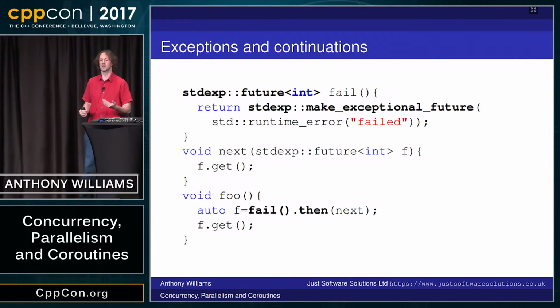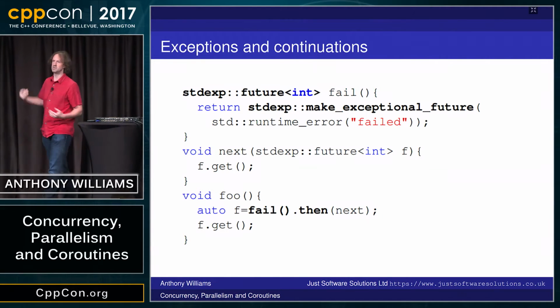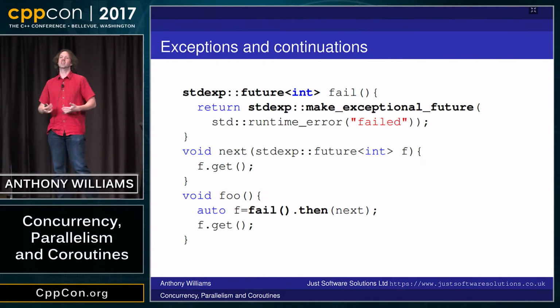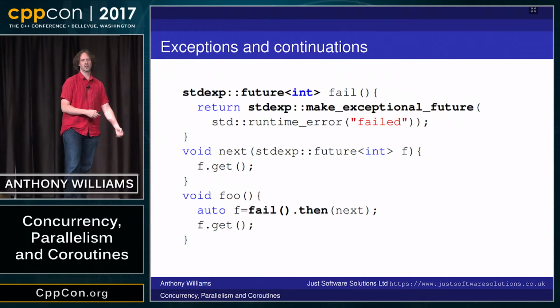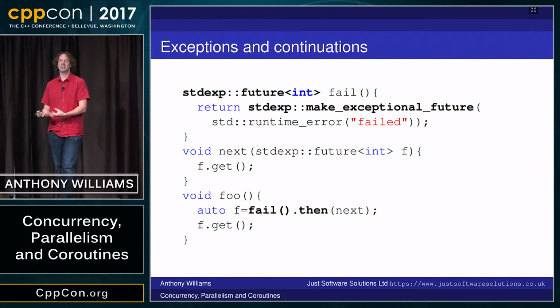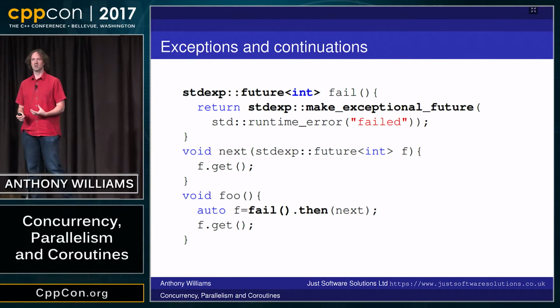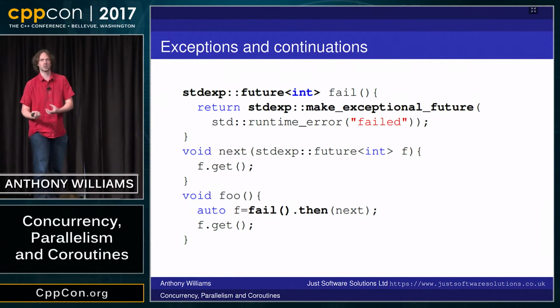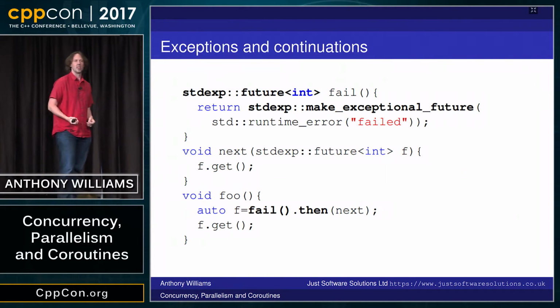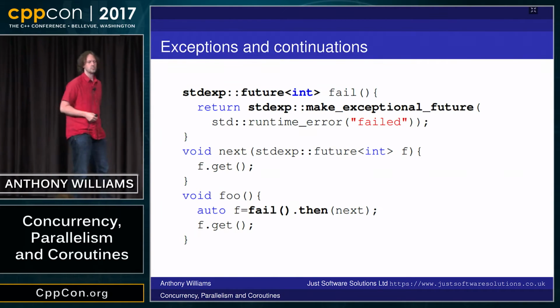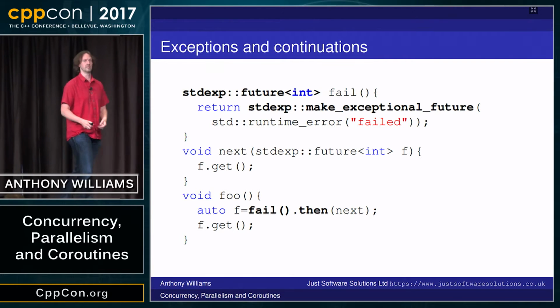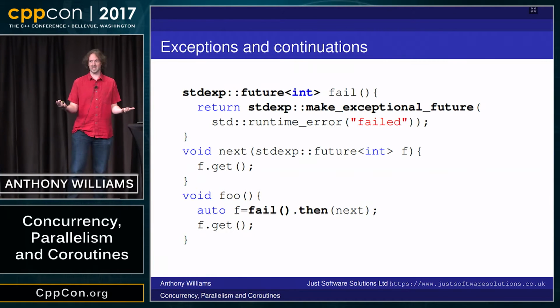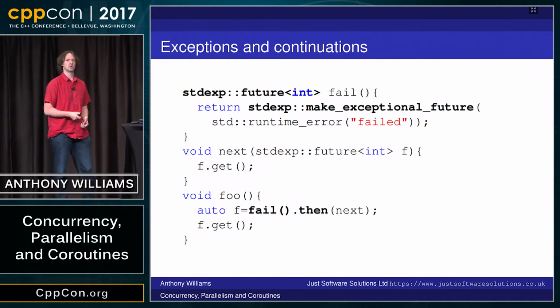So it is the same, our runtime error that we created at the top is then propagated across the chain and then comes out with the final get. Of course, next could catch and handle that exception, in which case it wouldn't be propagated, it would be caught and handled, and then the call to get at the bottom there in foo would not be throwing an exception because it was handled inside next.